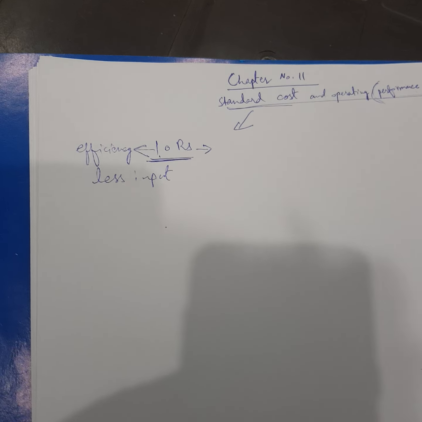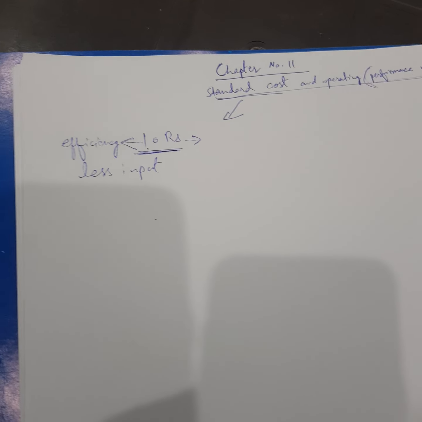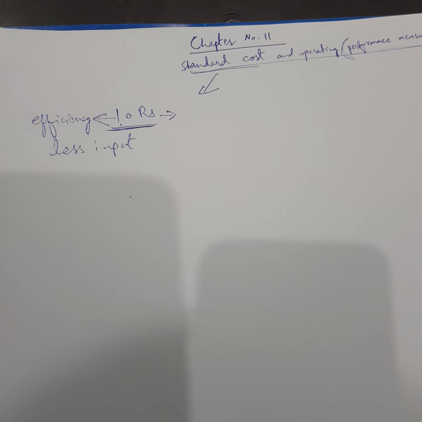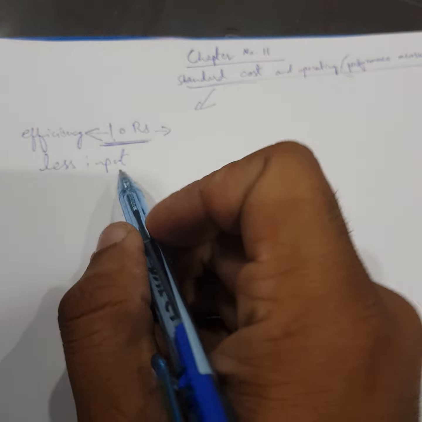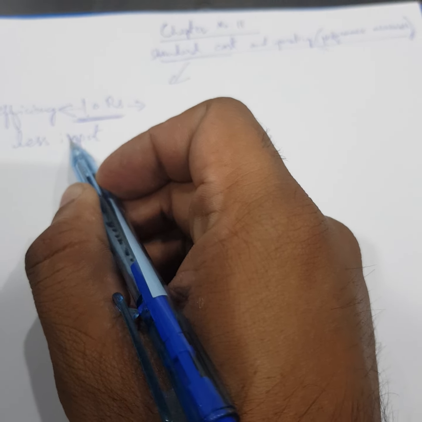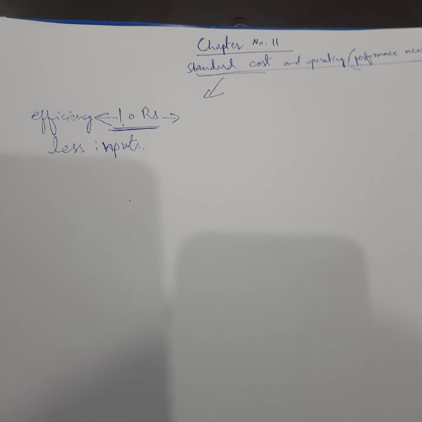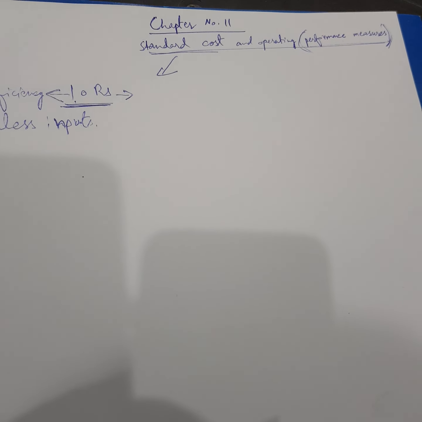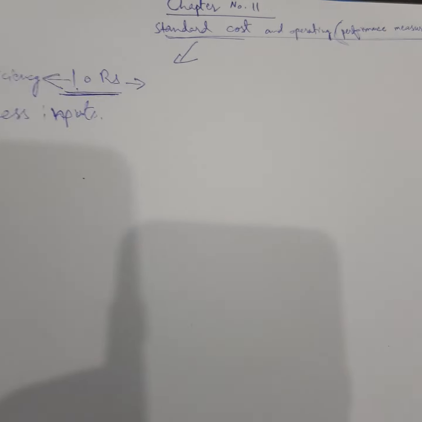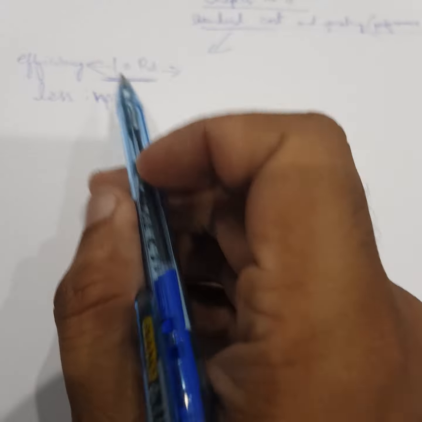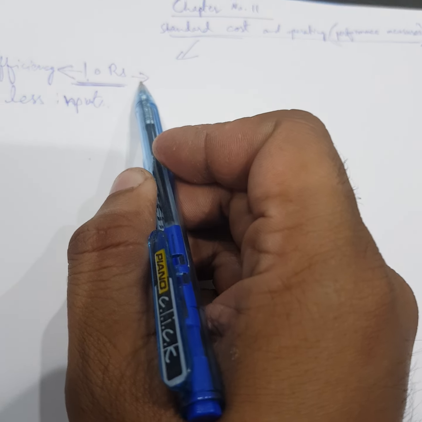In easy words, the cost of inputs, not goods, that are used to manufacture products or to provide services. As I told you, we should not go beyond this cost.